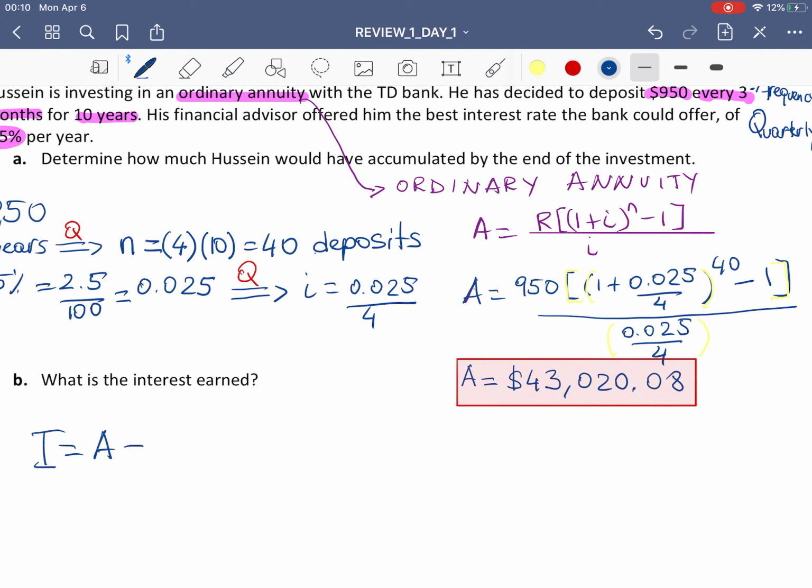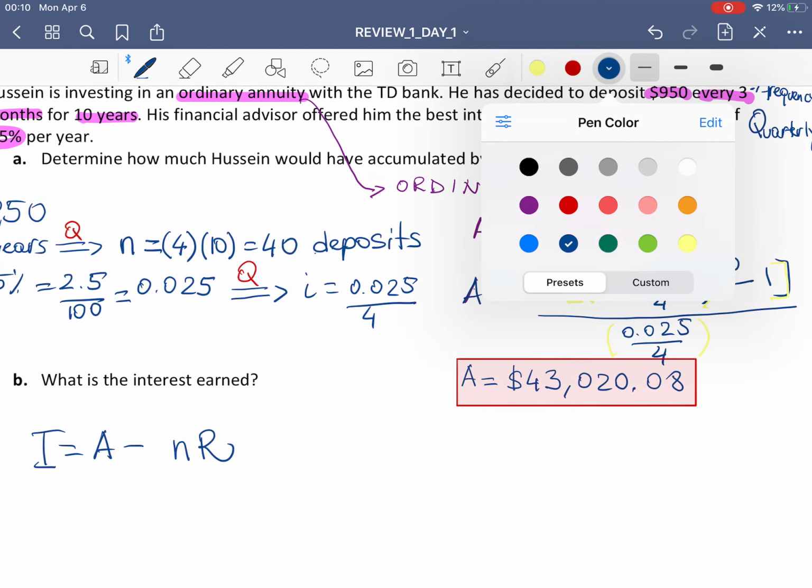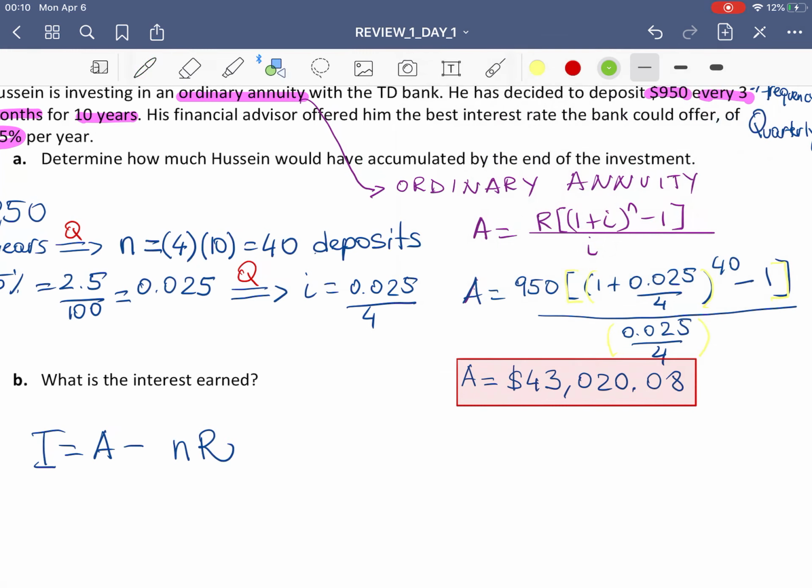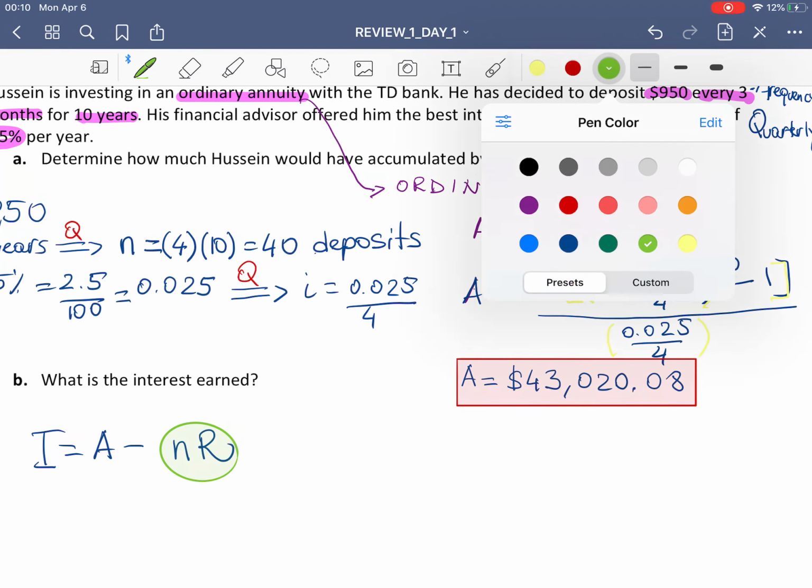So the interest equals the amount accumulated minus the amount of money that he had invested. Now remember that this will indicate how much Hussein had invested: regular payments times the number of times that he made those regular payments.